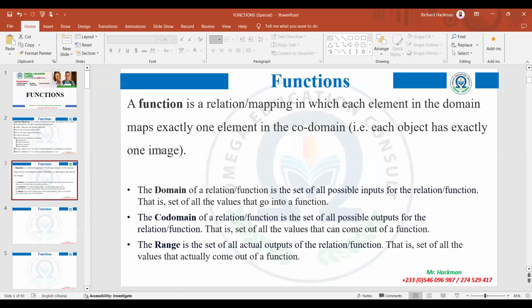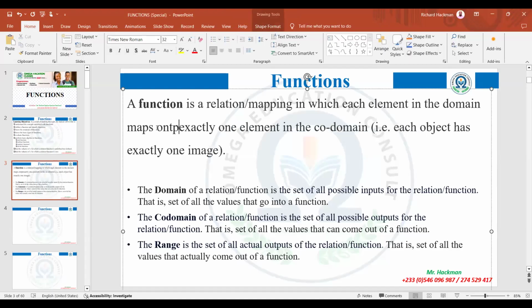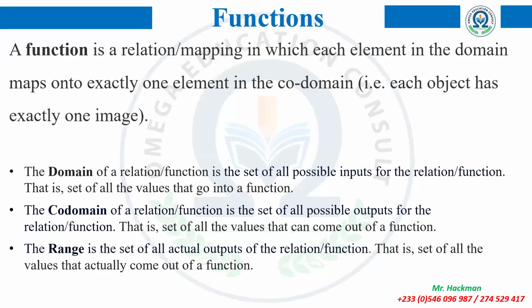It should be onto, maps onto exactly one element in the codomain. And anytime you mention a relation, every function is a relation. Whenever we are dealing with a relation, you should know that we are looking at a connection between two quantities.